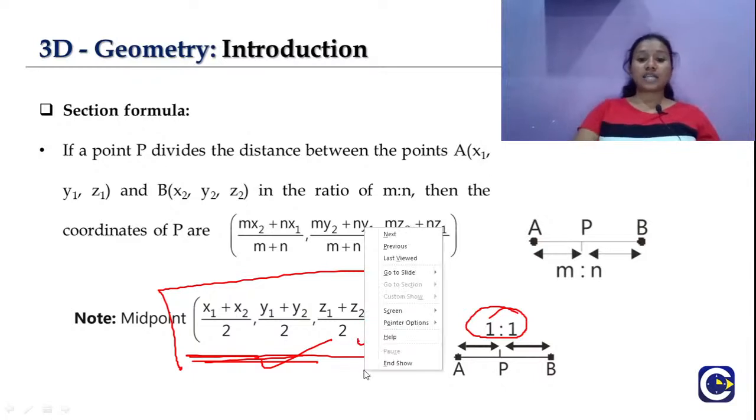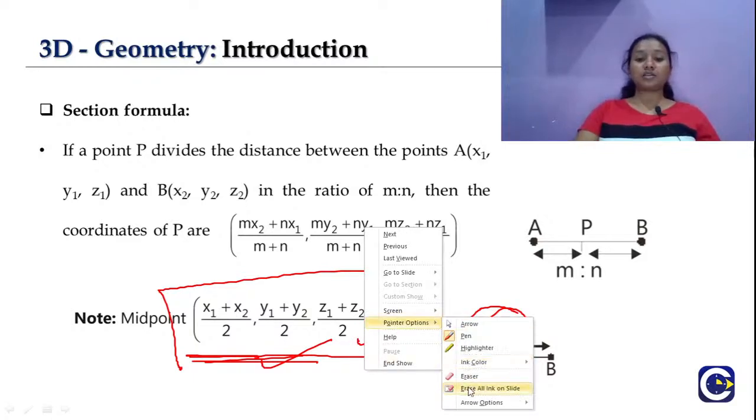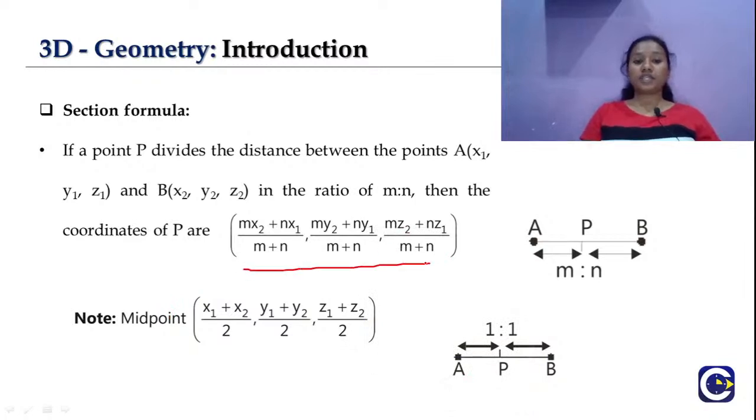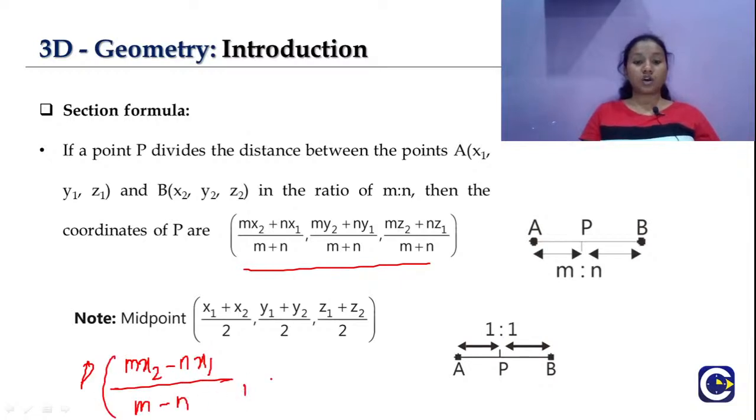Right. So if it's the external division, what happens? So this is the formula for internal division. If it's the external division, then the coordinates will be mx2 minus nx1 by m minus n, comma my2 minus ny1 by m minus n, and then mz2 minus nz1 by m minus n.